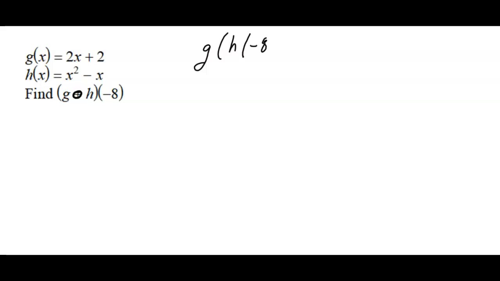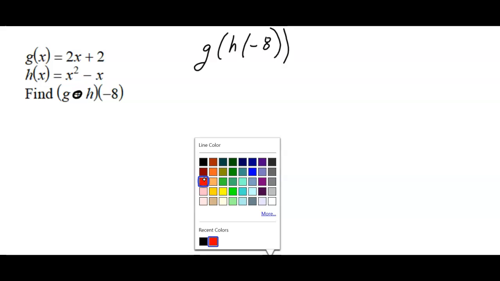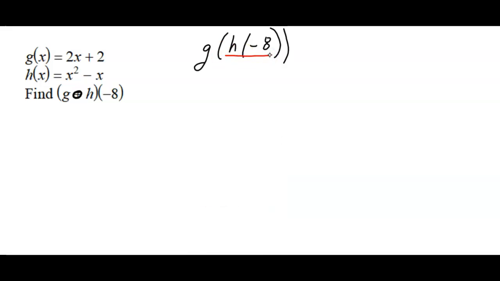Okay, so now they've given us a number to plug in. So what you can do is first find h of negative 8. You're going to your h function, and everywhere you see an x, you put a negative 8 in its place.